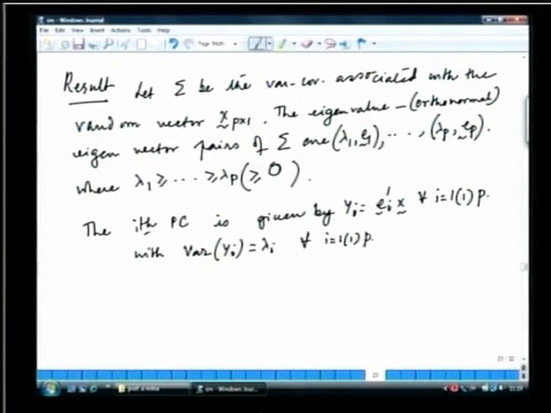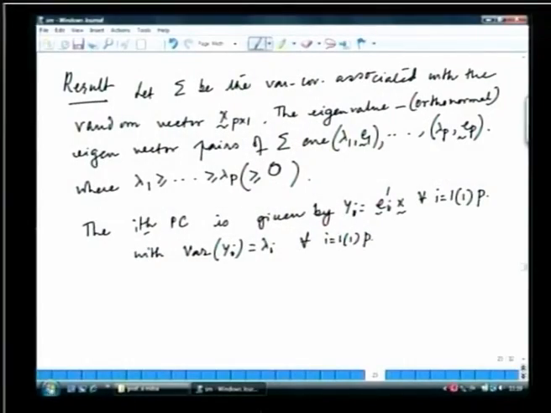So, that another property, if you recall, of the principal component is satisfied, that is, the first principal component will satisfy the maximum variability, its variance will be higher than the variances of all other principal components. So, this is true if I have the variance of yi equal to lambda i. The first principal component will have variance lambda 1, which is greater than lambda 2 to lambda p, and so on.